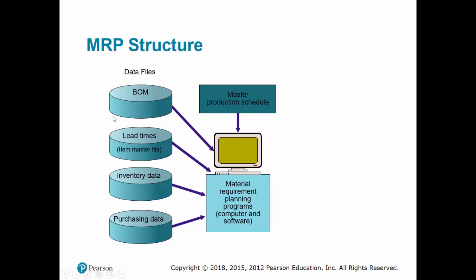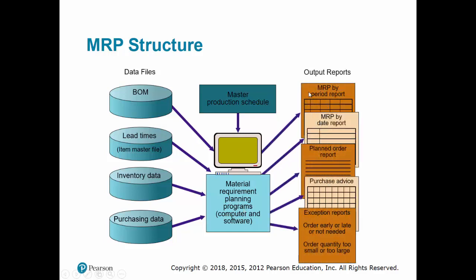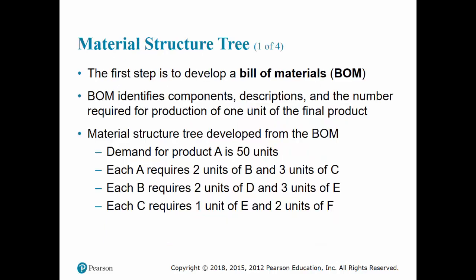You take into account all of this information and net it out, and then figure out what the actual requirements are, and then you generate reports coming out of that. So you'll have an MRP period report, by date report, purchase advice and production advice, and all the documents that are needed to initiate production or initiate vendor orders will be sent out.